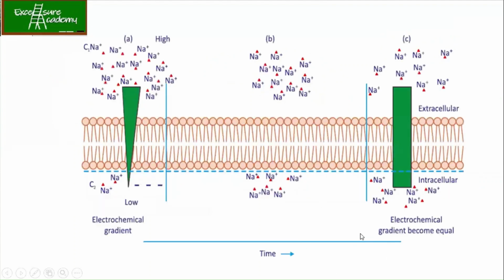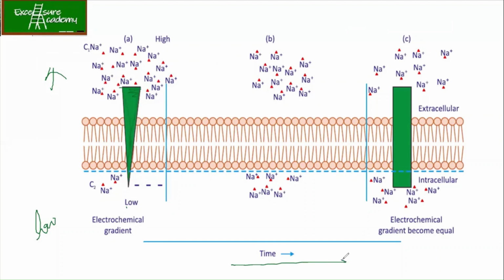Now look at the diagram. This is how the electrochemical gradient is formed. On one side of the plasma membrane, the concentration of Na plus is high, and here it is low, and that is what the arrow shows.